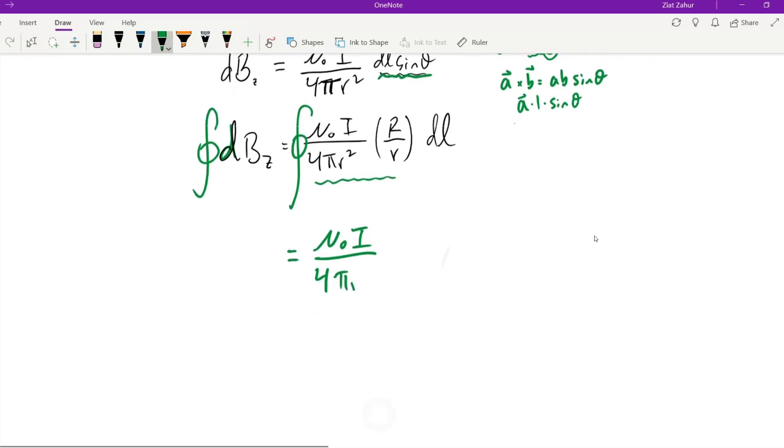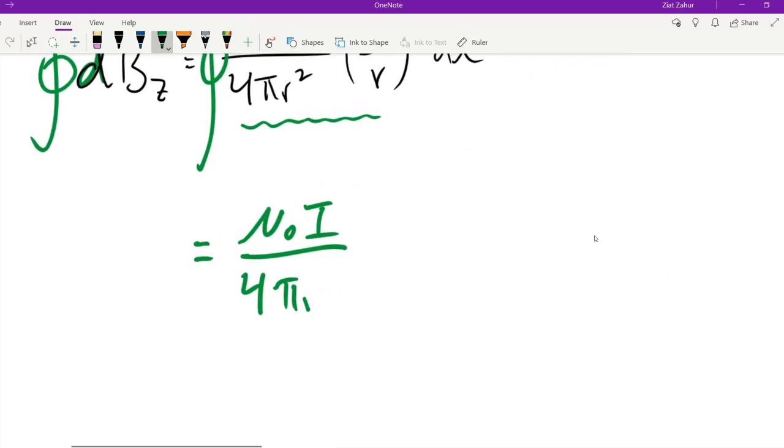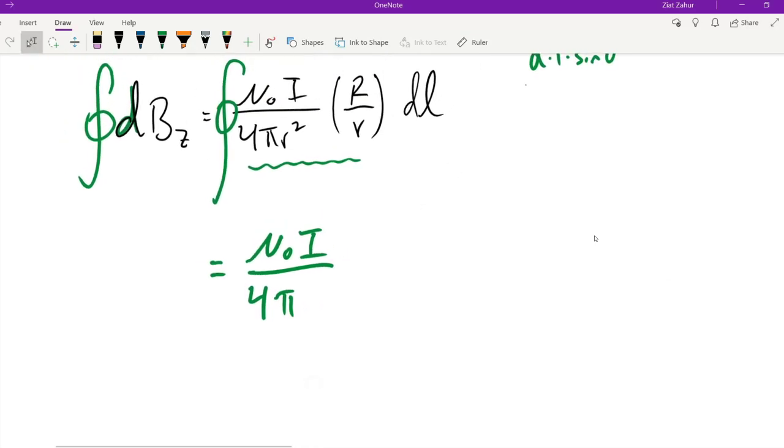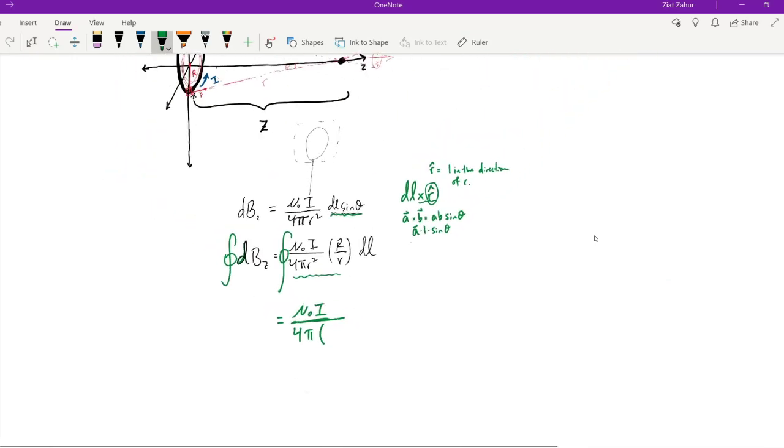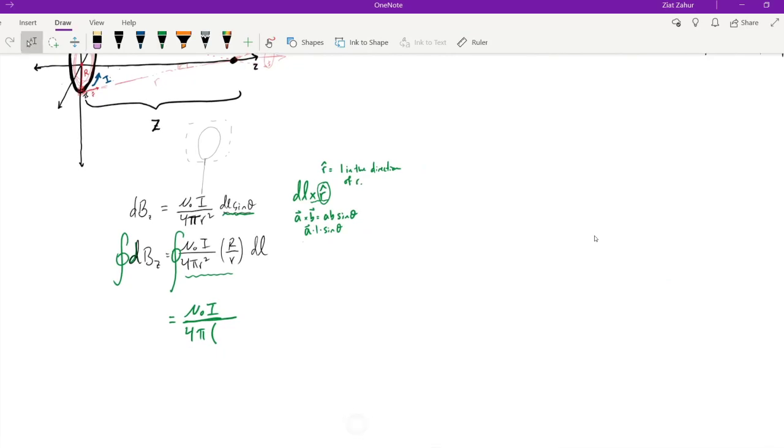Now, what is r? Based on the constants that are given, r is the Pythagorean, which is the square root of capital R squared plus z squared, since we are z distance away. So this gives us z squared plus R squared.